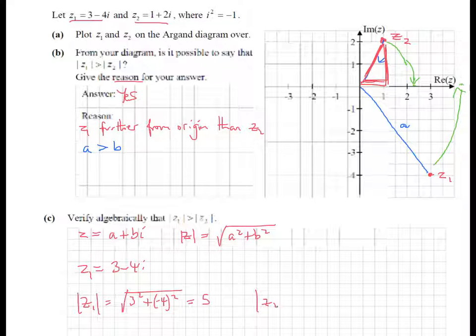Compare that with the modulus of Z2, which is the square root of 1 squared plus 2 squared, which gives us the square root of 5, which is 2.2 something, but clearly 5 is greater than the square root of 5.